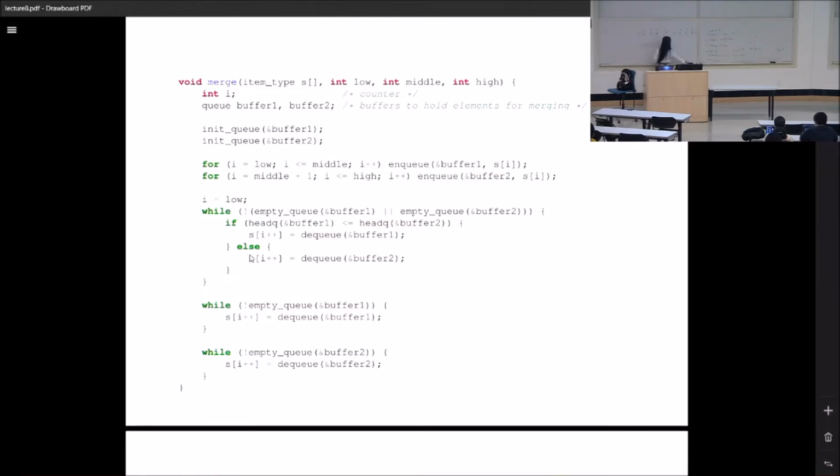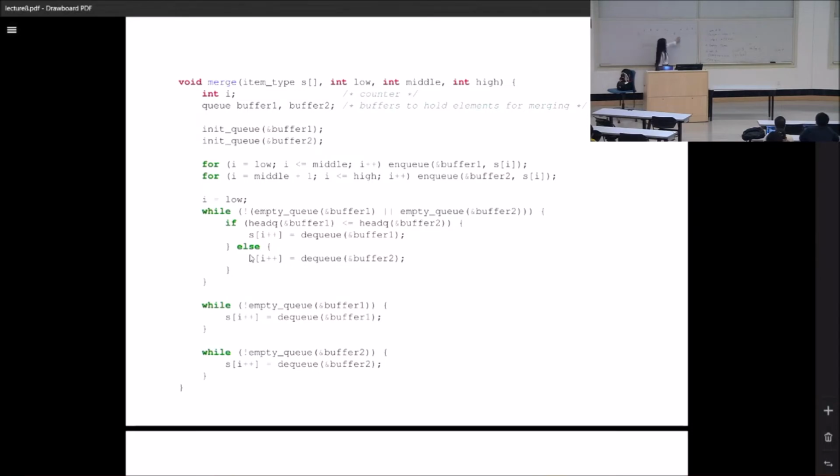Let's think about another case. Let's say we have 1, 2, 3, 4, 5, 6, 7, 8. So what will happen? You will see that the 1 will go here, 2 will come to here, 3, 4. We did only 4 comparisons, and then A is empty.